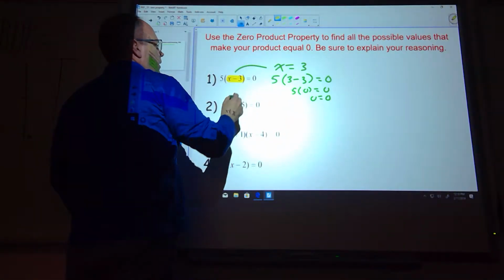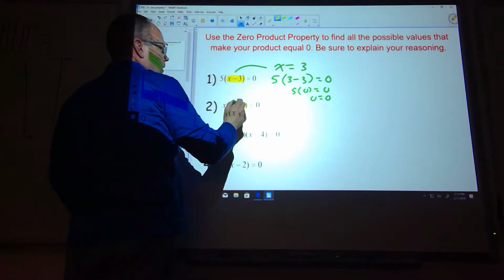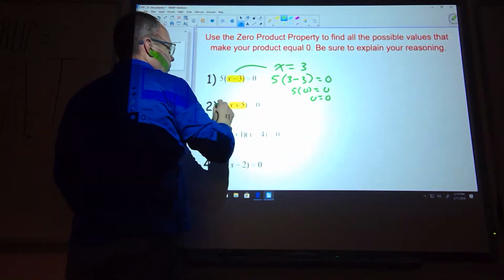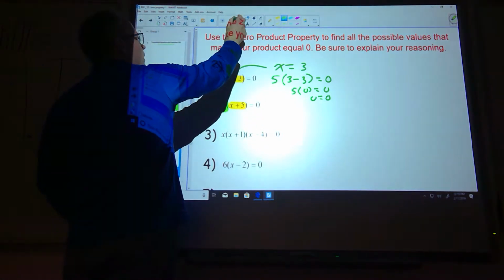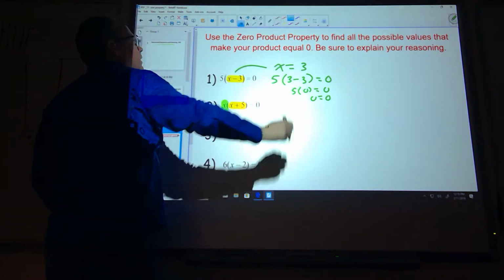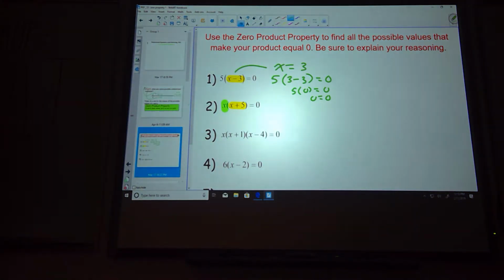So I have this one here, but I also have this one here. For the yellow, what number do I plug in to make that yellow part 0? Negative 5, right?